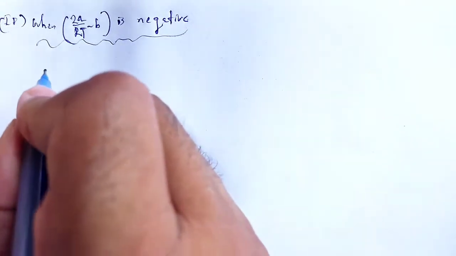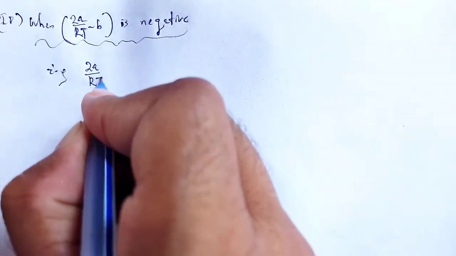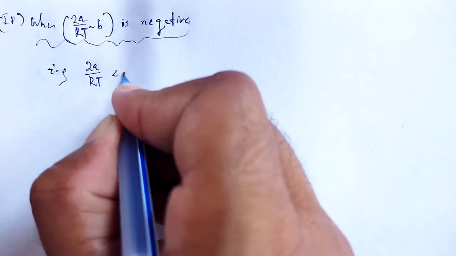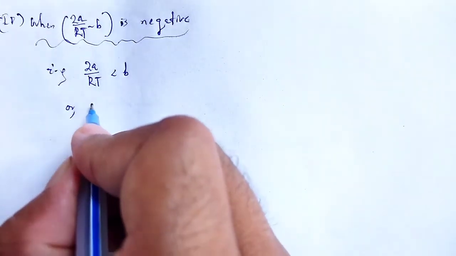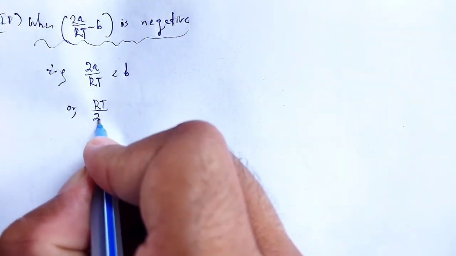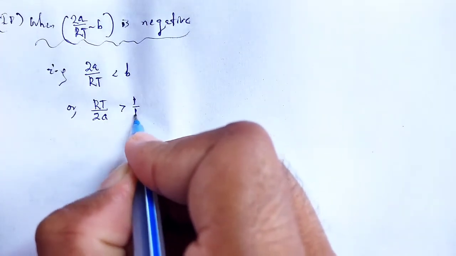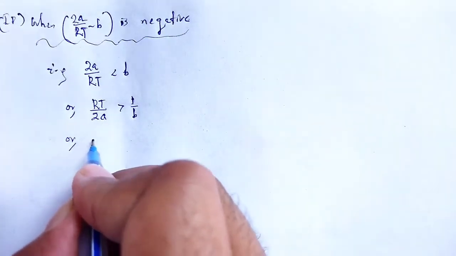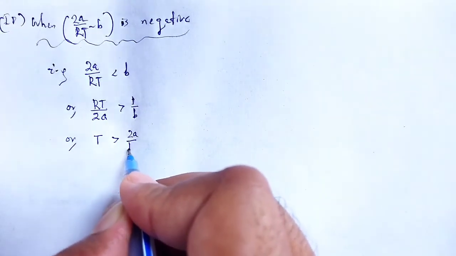That is why 2a by RT is less than B, or RT by 2a is greater than 1 by B, or T is greater than 2a by RB.